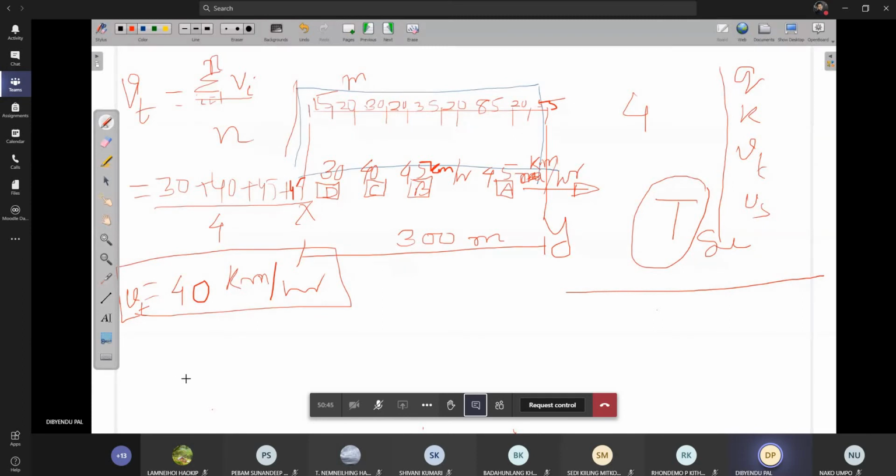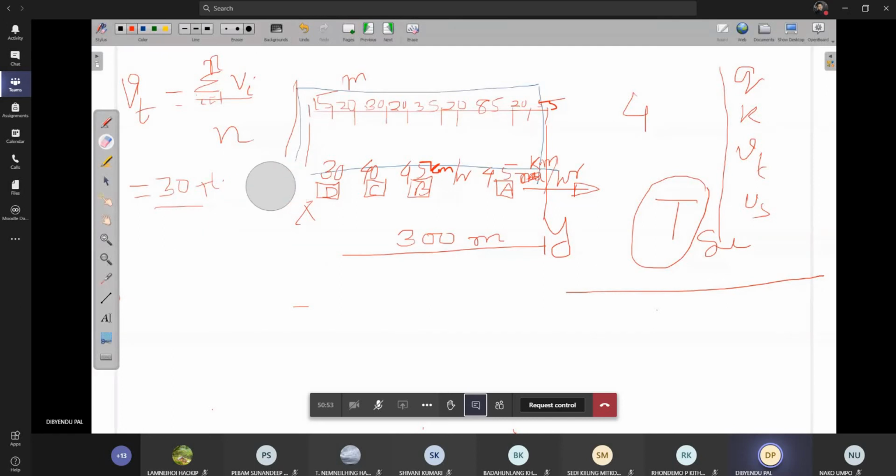Next question is to find out the average space mean speed. What is space mean speed? Space mean speed is the total number of vehicles divided by the summation from i equal to 1 to n of 1 upon u_i.